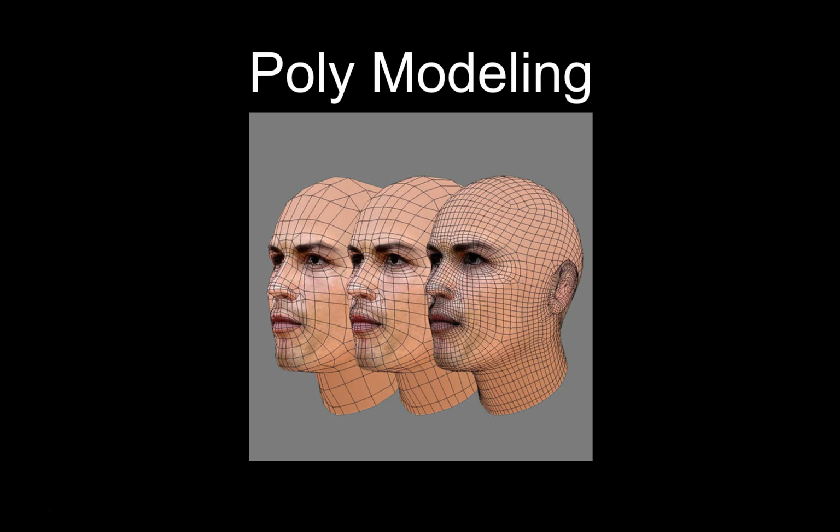So again, poly modeling, as you can see there, we've got 3 levels of detail, or LODs as they're called. On the left you've got low poly, in the middle medium poly, and on the right high poly. It's really just defined by how many polys there are, or squares, or quads, as they're generally called.